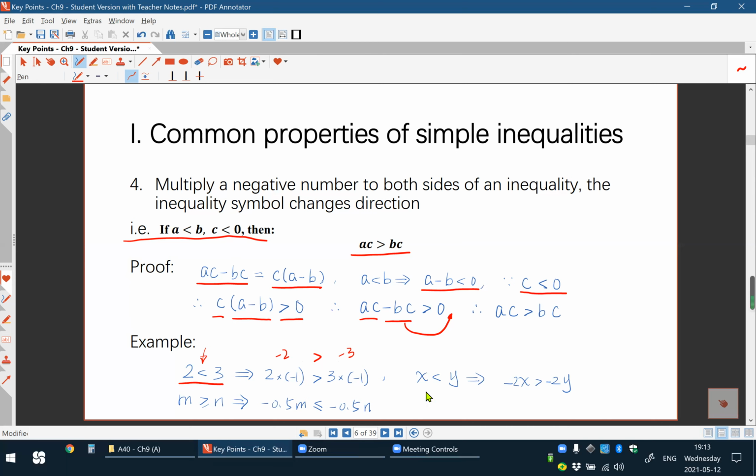Okay, next, if we have x smaller than y, if we times -2 to both sides of the inequality, the inequality symbol changes direction. So that means -2x is greater than -2y.